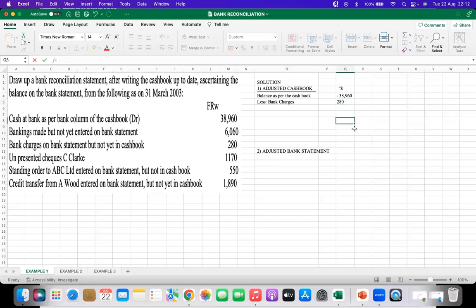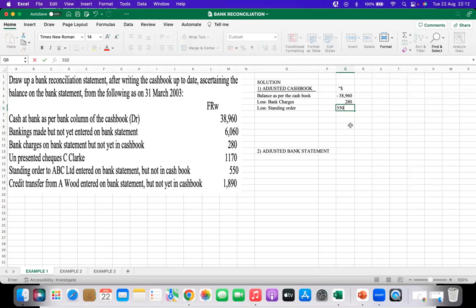You less 280. Next, unpresented check that affects the bank statement. Next, standing orders. We say these are direct debits. So you less the standing order. You less it because it was a debit entry in the bank statement. So you less the standing order, which is 550.